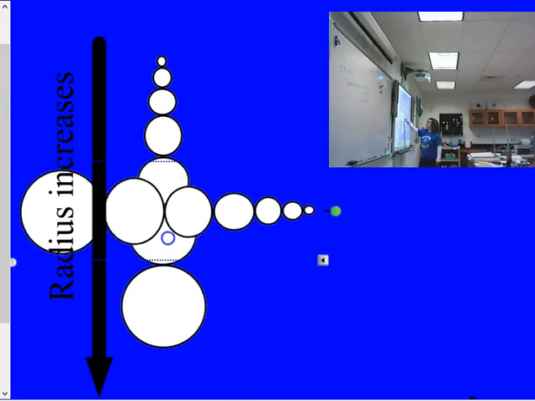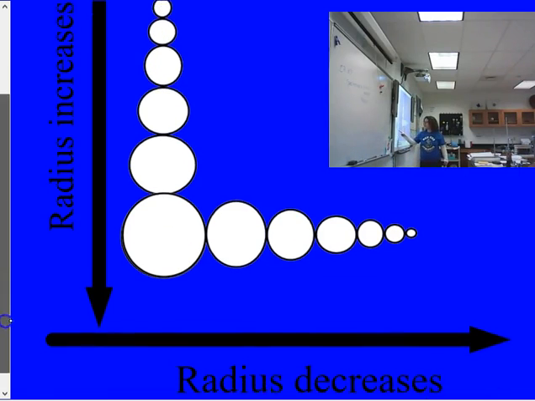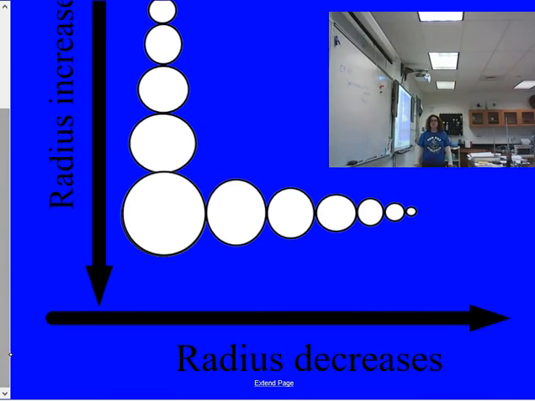He's just too top heavy. And that radius, as you go from left to right across a period, because there are more protons in the nucleus pulling on those electrons in the valence orbital, decreases.